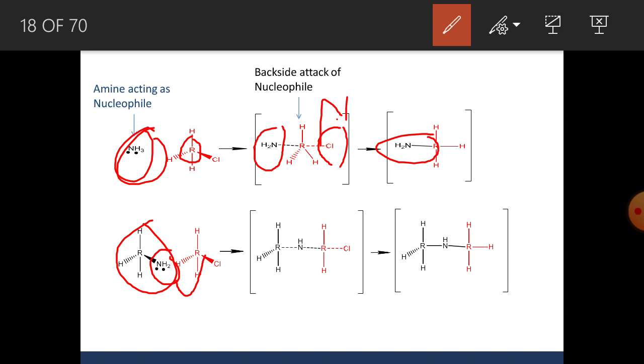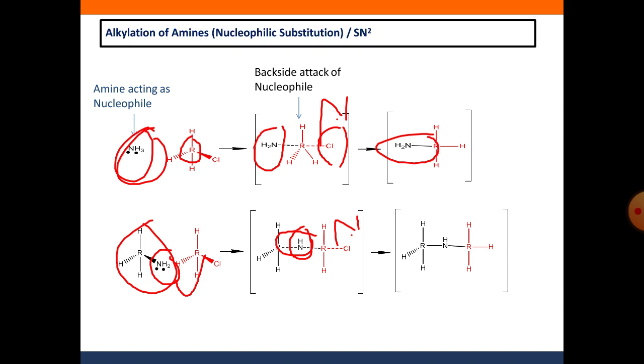After this, in the intermediate the bond is not yet formed, and this bond is not yet broken. After that, Cl minus ion leaves, and this bond is permanently formed, which is again an amine. It is a secondary amine.